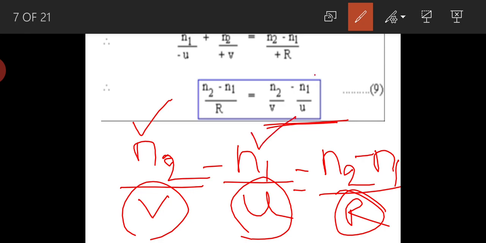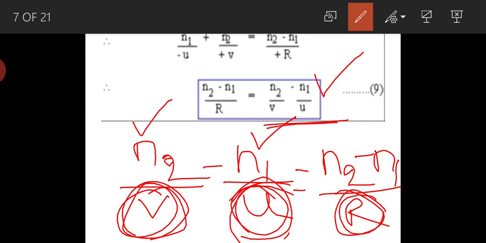This curved surface formula is very important regarding 1 mark and 2 marks. They will ask curved surface formula and they will ask to explain each and every term. So v is image distance, u is object distance, r is radius of curvature, n2 is second medium, n1 is first medium.